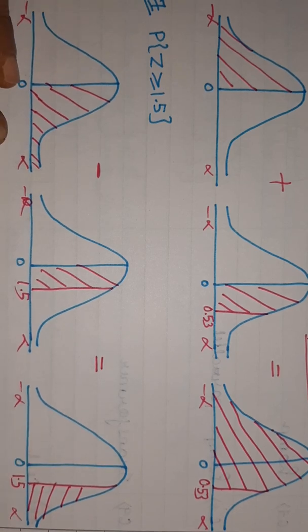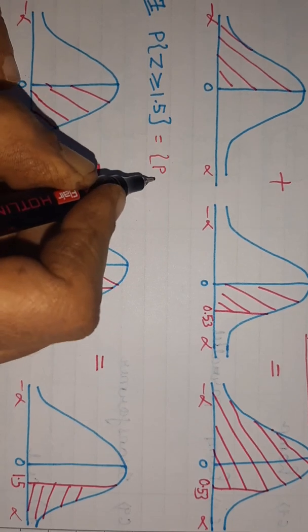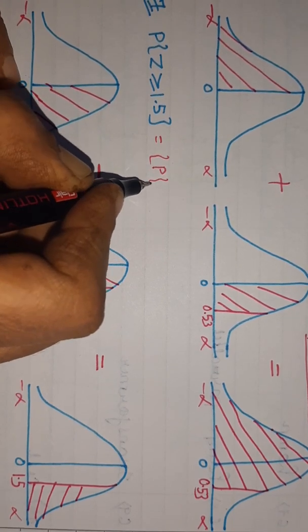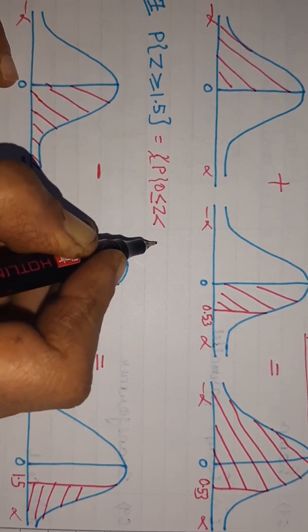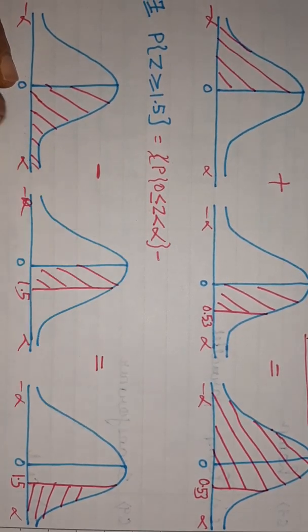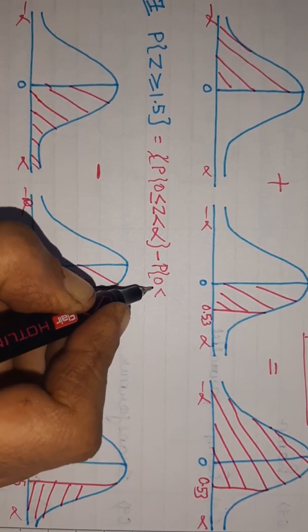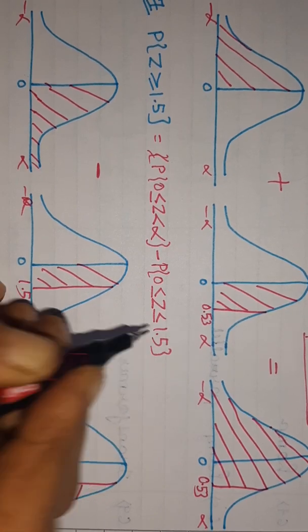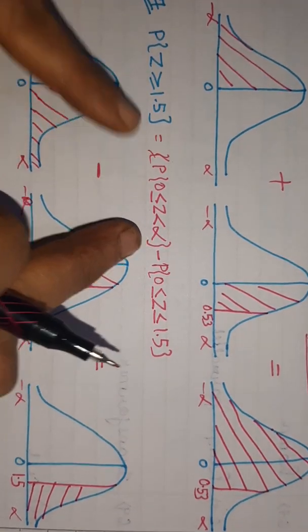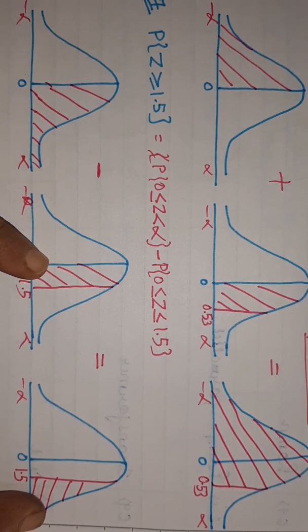So because of that reason, that is how we find the probability of 0 less than or equal to Z less than infinite minus probability of 0 less than or equal to Z less than or equal to 1.5. If we subtract this from this full area, we get the rest of the area.